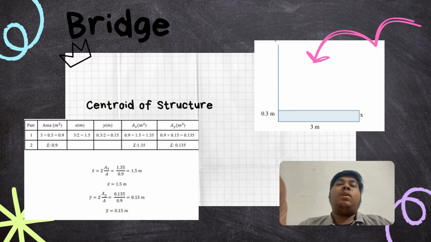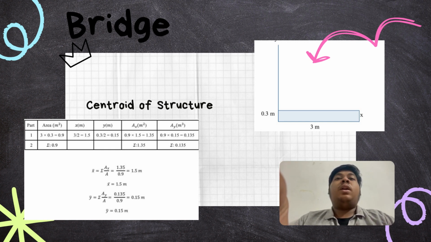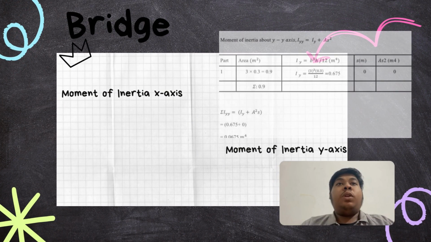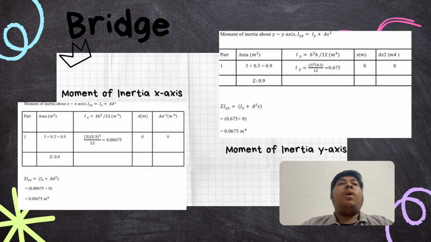Okay, for the centroid of the structure, first we must find the area, and next we must find the center of the structure. After we find those two, we can finally get an answer for the centroid of the structure.